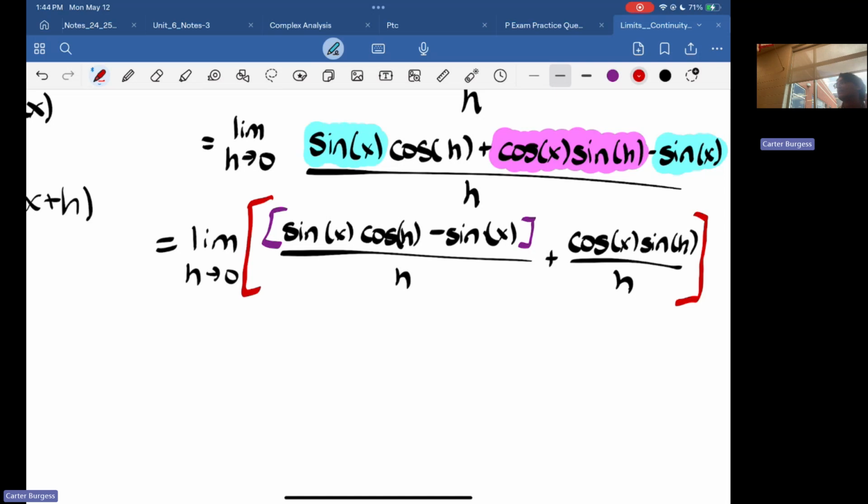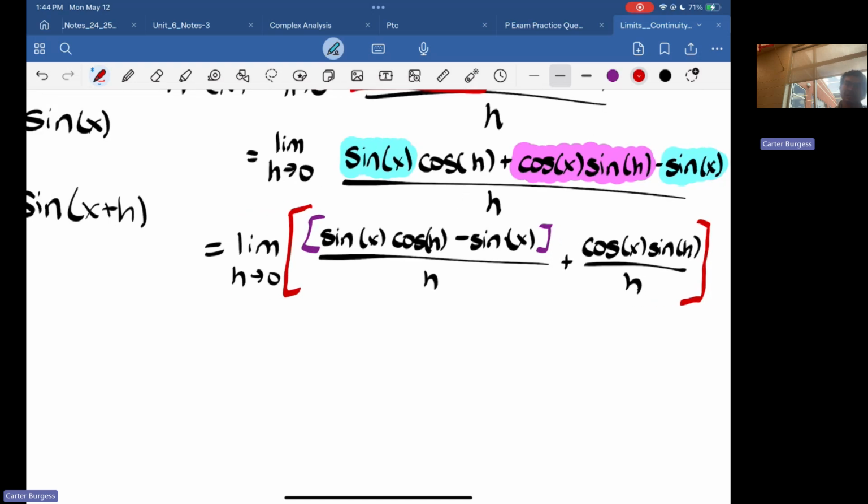So first of all, what can I do with limits, very similar to what I saw with B? Rather than taking the limit of a sum, what can I do? Yeah, take each of the individual limits and then add them together at the end.